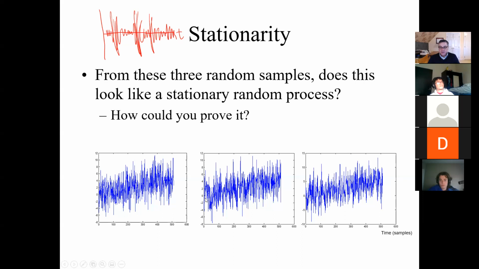The mean would converge to just a straight line that goes upward.